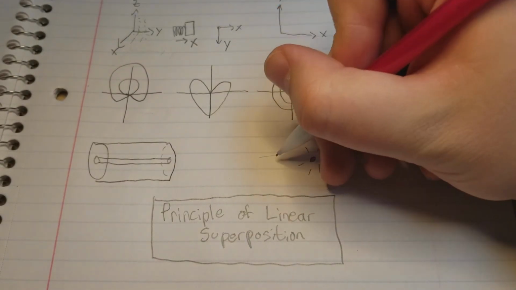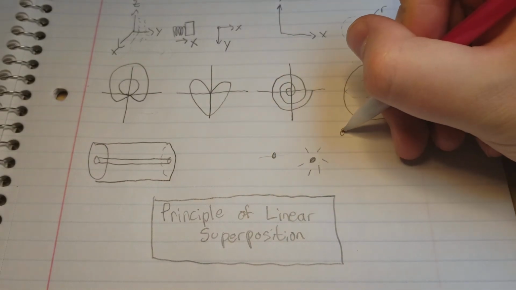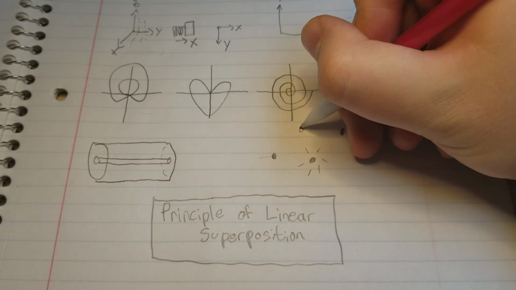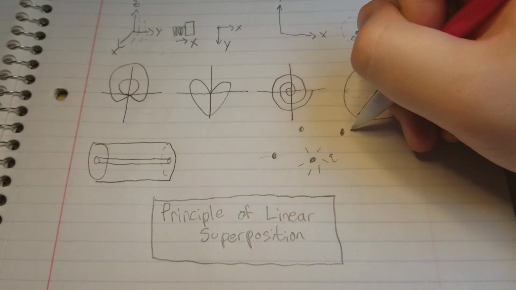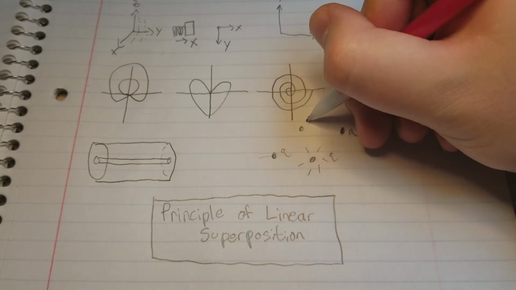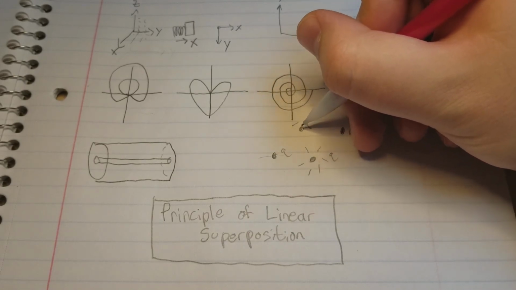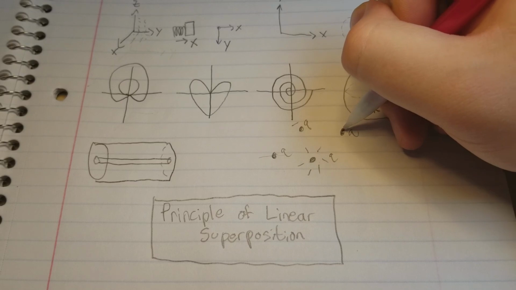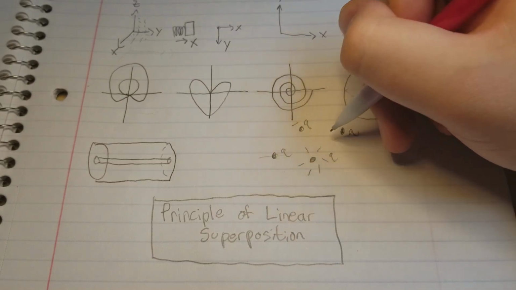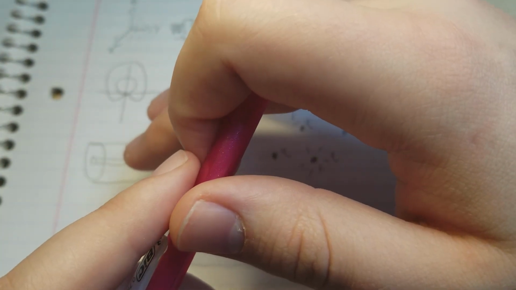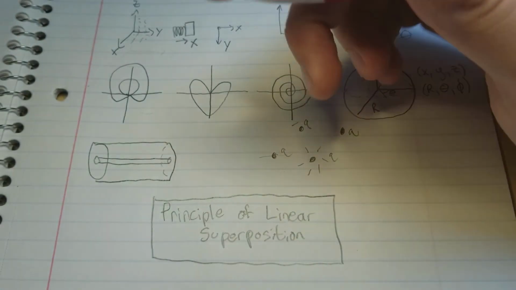So if I have 3 point charges, and I have another point charge here, and let's say they each have some charge Q, and this one is minus Q. If I want to know the net force on this charge, all I need do is calculate the forces due to each of these 3 charges separately and add them together. That is the most basic idea behind the principle of linear superposition.